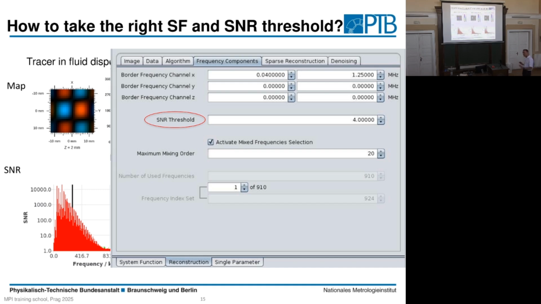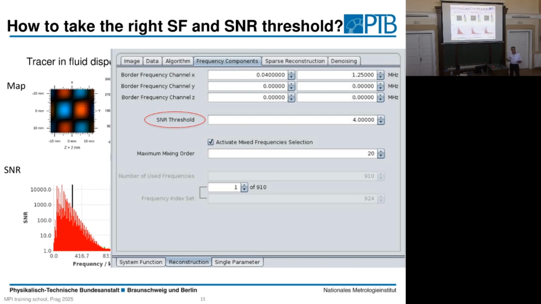You have something different. And the other thing, you have to choose an SNR threshold, because only the frequency components which contain an essential signal, not only noise, can help you to solve the equation system. Yes, but I have already said this is only calculated from the system function.